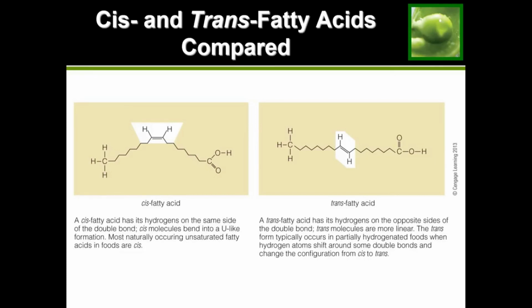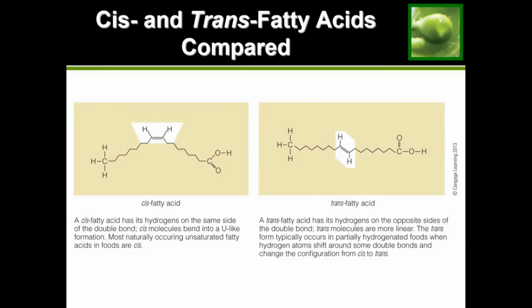That creates an imbalance and causes the structure to bend. After we hydrogenate, it caused one of the hydrogens to move to the bottom instead. And so you see on the right now, we have a structure that still has a double bond, but it's no longer bent because we have moved one hydrogen to the other side and balanced out those hydrogens.